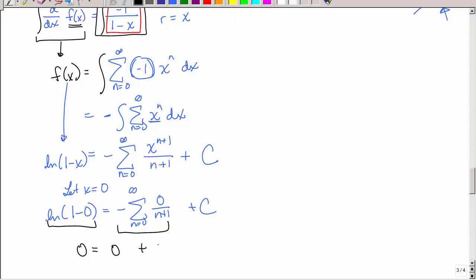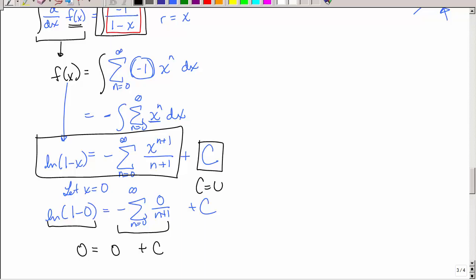This is 0. So what does that tell you that c equals to? 0. So now I know that my function is exactly that power series, the negative summation of x to the n plus 1 power over n plus 1, because I now know that c is equal to 0.